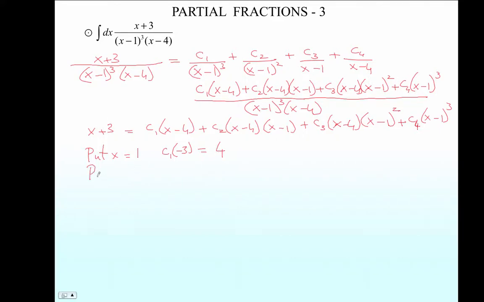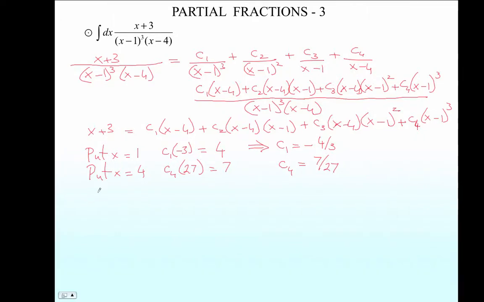Then, obviously, it would be a good choice to put x equal to 4, in which case the first, second, and third terms will all go away, and we'll only be left with c4 into 3 cubed, which is 27. That is equal to 7. And so we have c1 is minus 4 by 3, and c4 is 7 by 27.